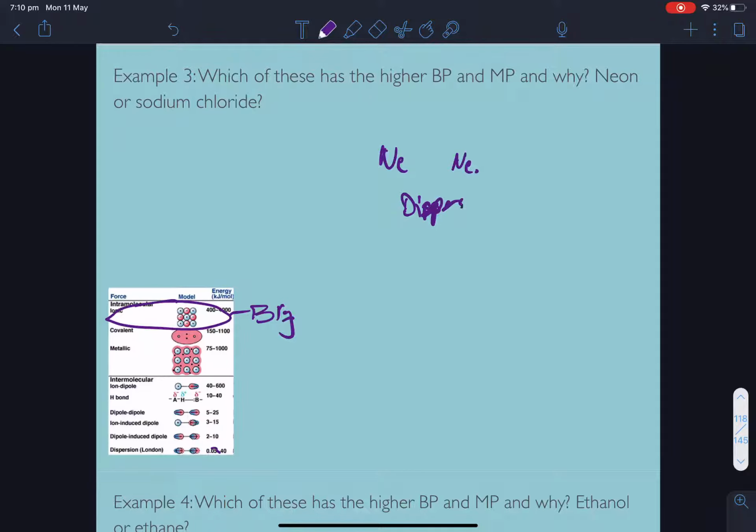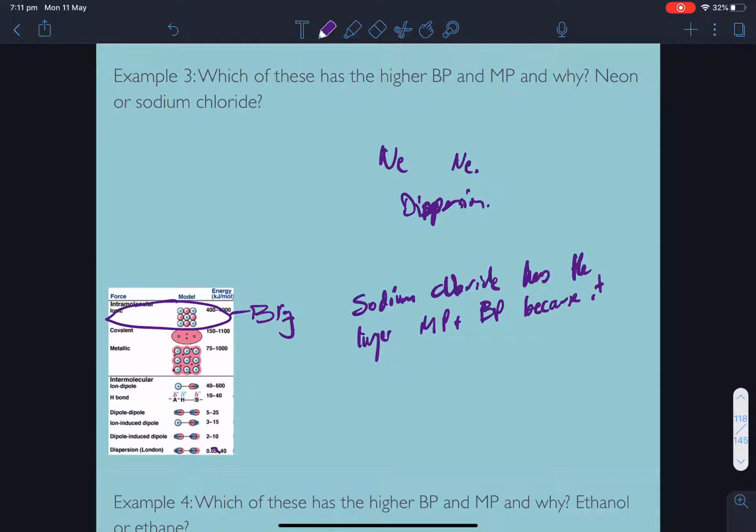So sodium chloride has a much larger melting point and boiling point because it has ionic bonding between particles.